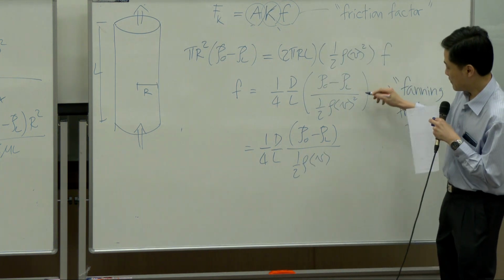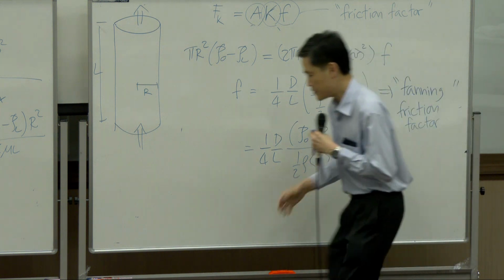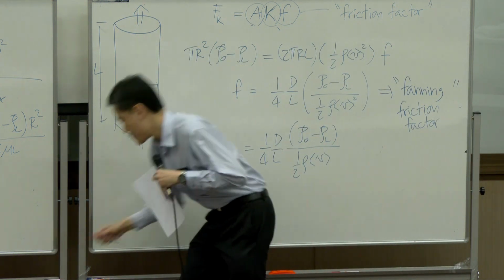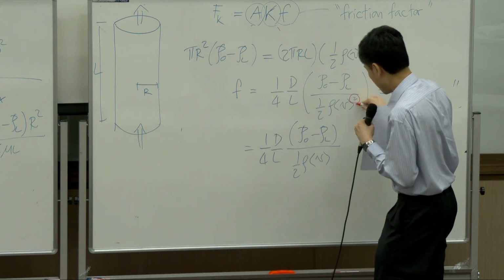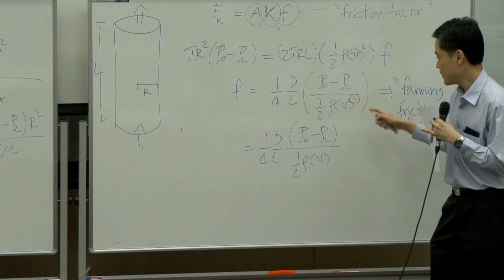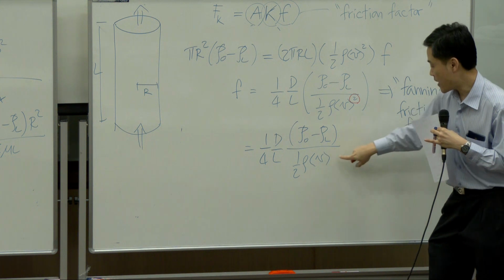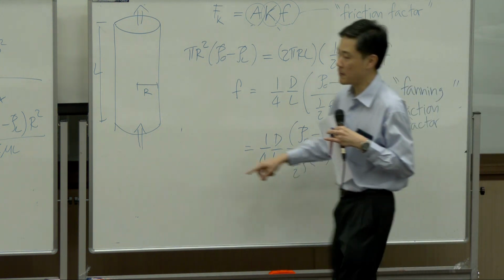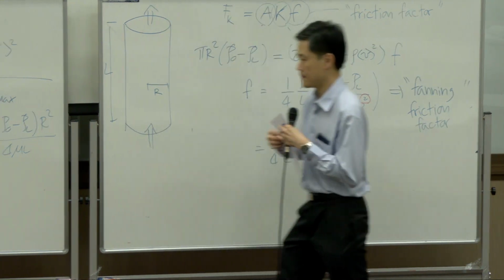Now, this is V squared. If I take one V here, another V out, and this V will be replaced by this, okay?